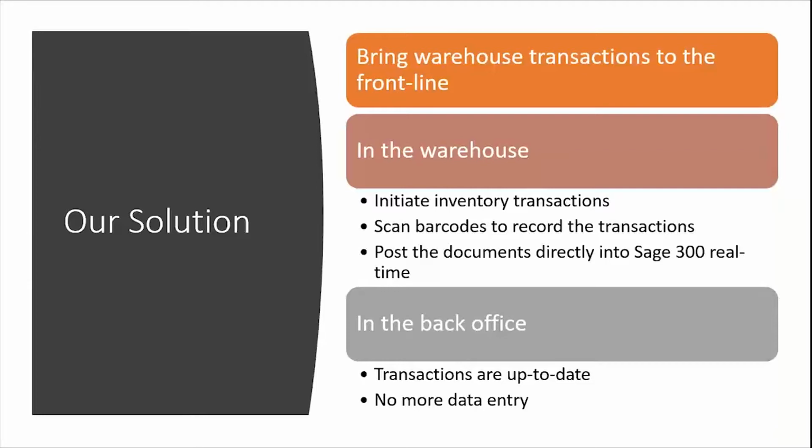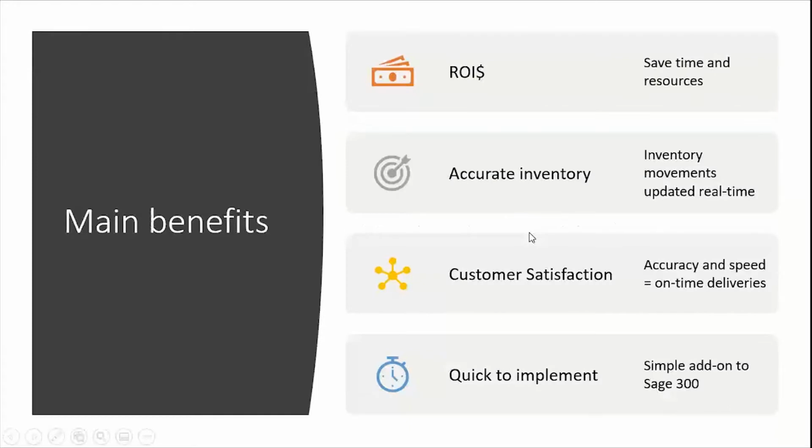Ideally, they would be using scanners, scanning labels to identify items, posting them against Sage 300 documents like purchase orders, sales orders, or manufacturing orders, maybe. On the back office side, everything is automatically up to date. No transactions needed, essentially maybe just doing some checkups and everything.